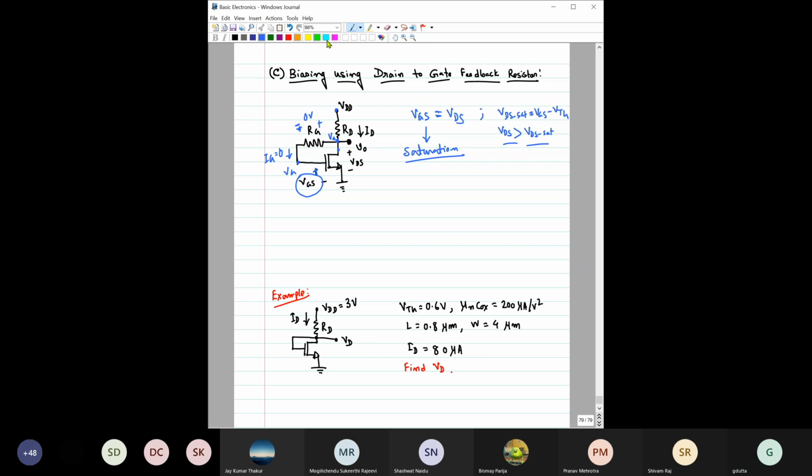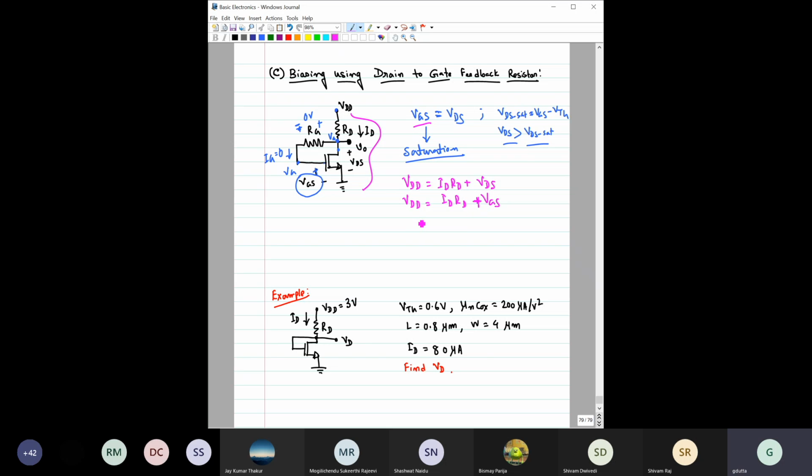Now if you take one KVL along this loop, you can write VDD is equal to ID RD plus VDS. We can make a small change and write VDS as VGS.